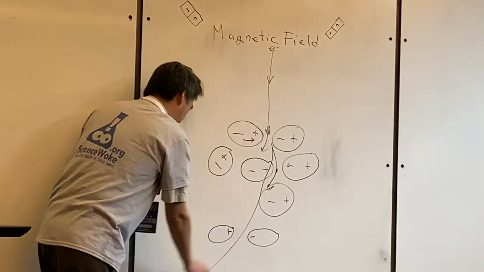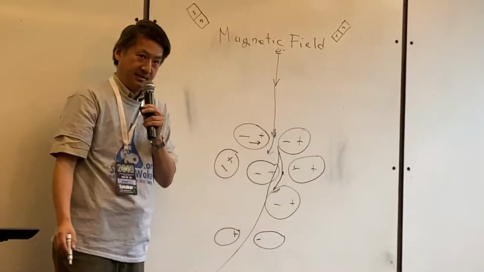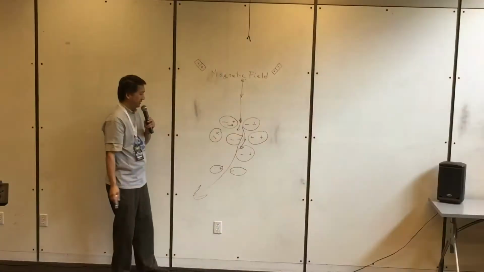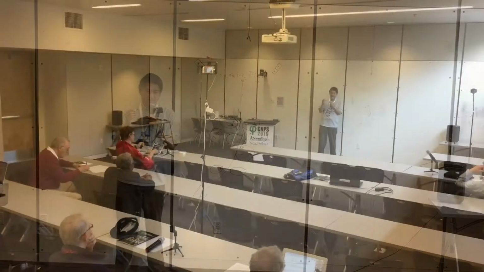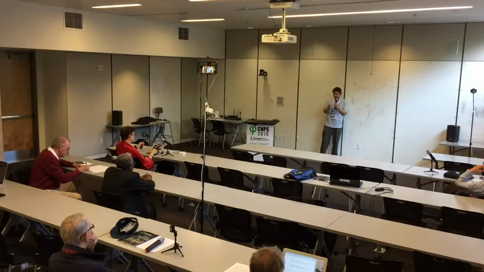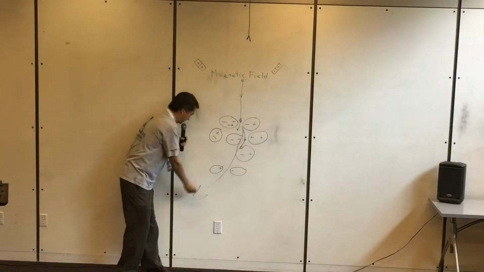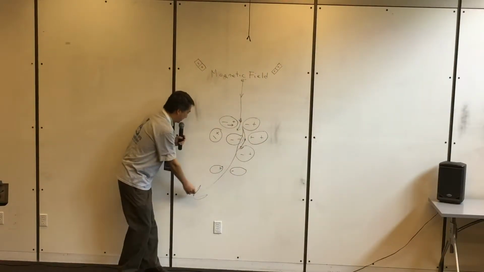And the deflection is fundamentally motivated by just the Coulomb force law. So in that way, the magnetic field isn't a force on its own. It's just a geometric arrangement, due to these polarized dipoles, that causes an asymmetric force to develop on the electron.